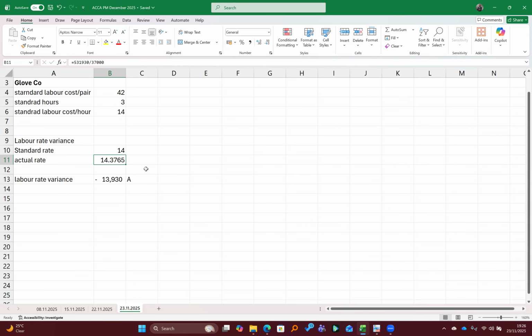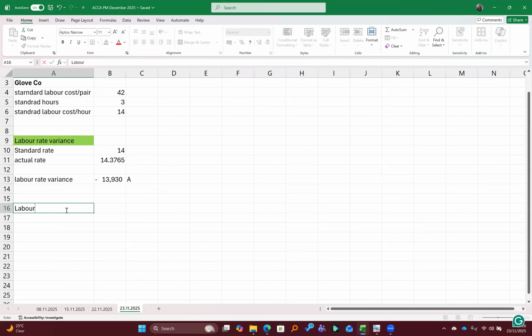But the issue is that the variance is adverse because the rate is higher than the budget rate. So that is the labor rate variance. Now, then the labor efficiency variance.